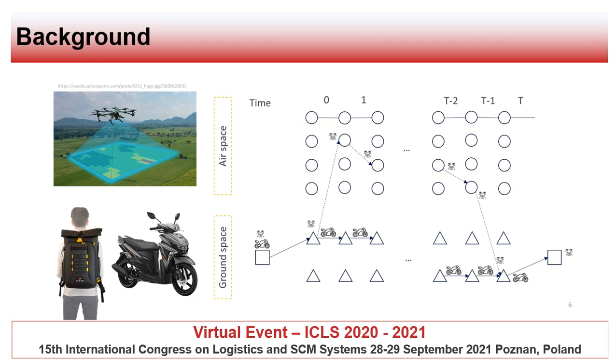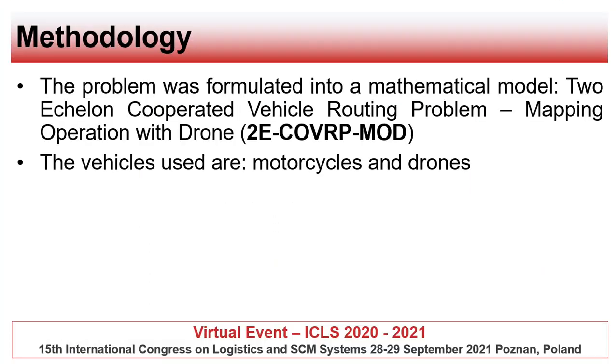So here is the way we see these problems, and we create a mathematical optimization model, so-called the 2 echelon VRP with mapping operation drone.